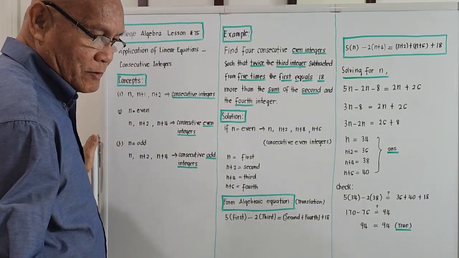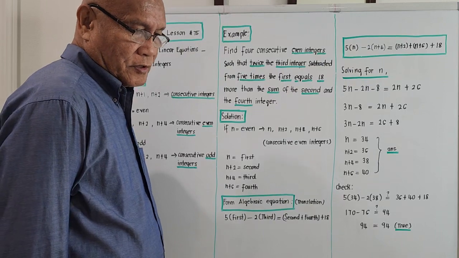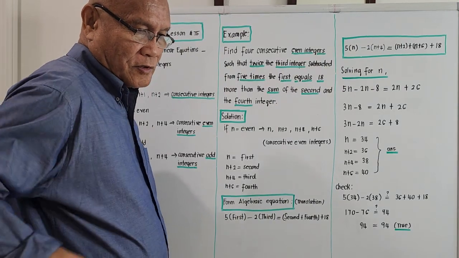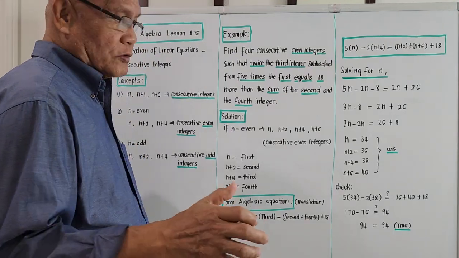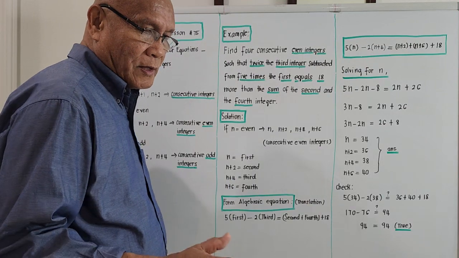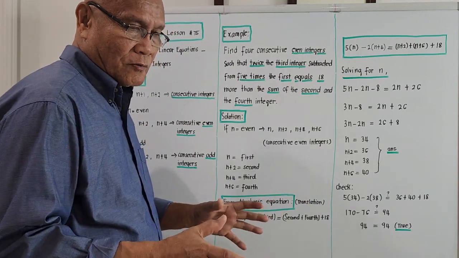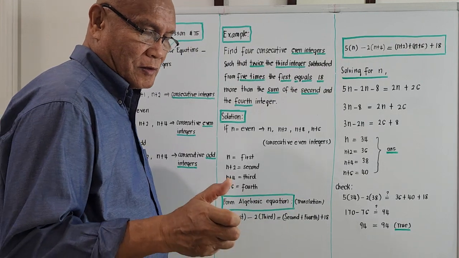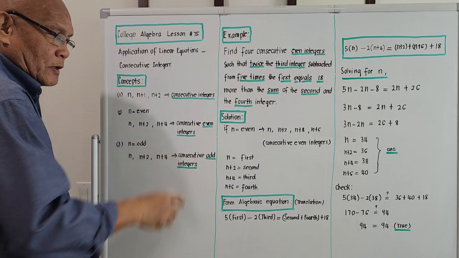The last time around, I discussed what we call distance problems, and that is still under a topic, worded problems under application of linear equations. So we will be solving another topic on the worded problems, still on system of linear equations, but the topic should be on consecutive integers.